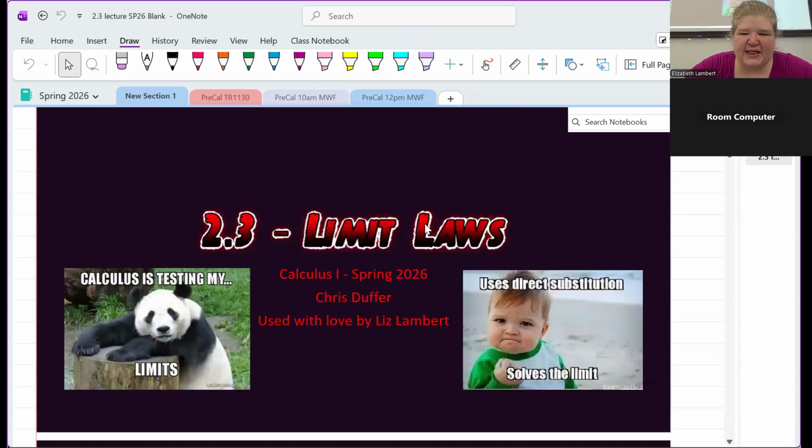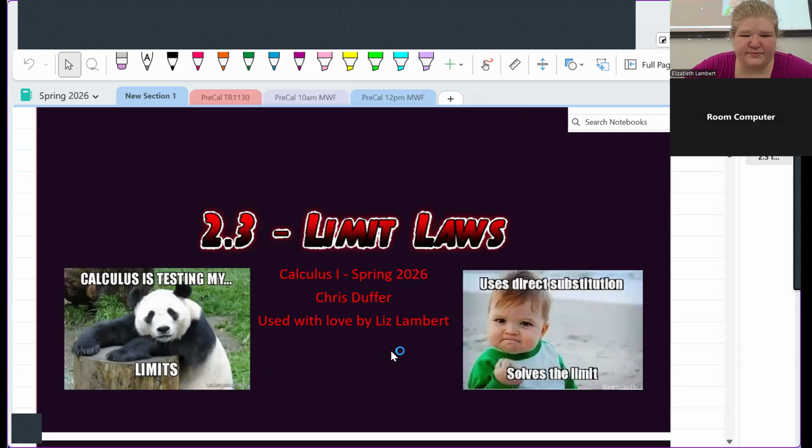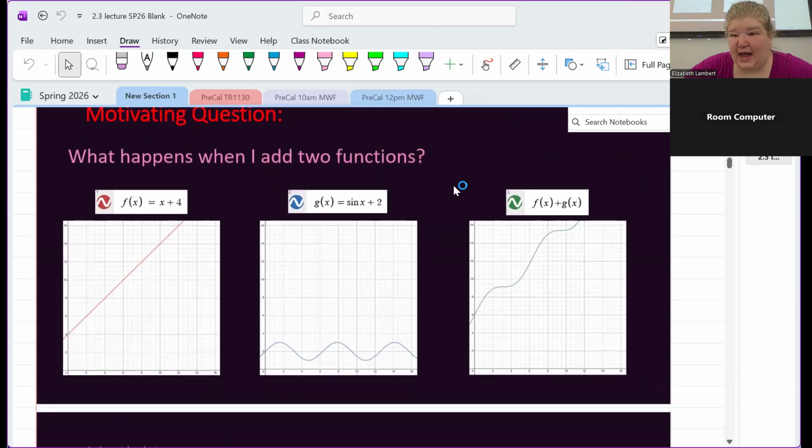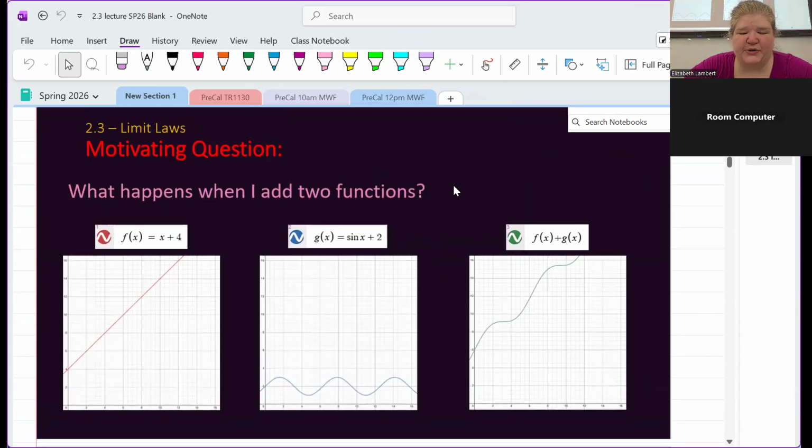So now that we've got that idea of a limit zooming in, we're going to start looking at how limits apply to more peculiar situations. Here we've got two functions. f of x equals x plus 4, so it's a diagonal line. And then g of x equals sine x plus 2, which is just an alternating back and forth curve.